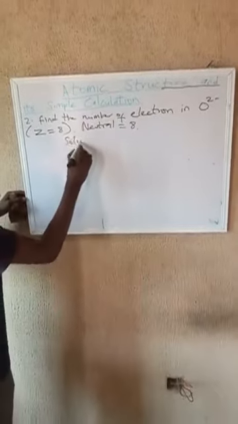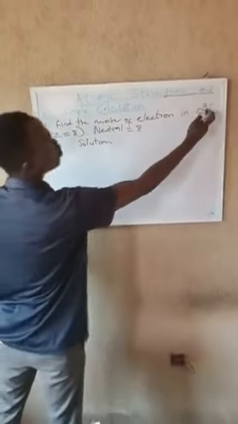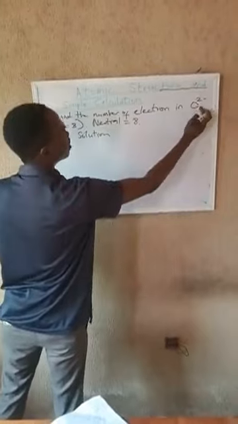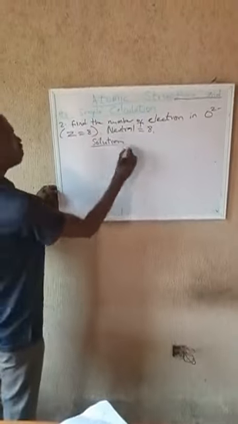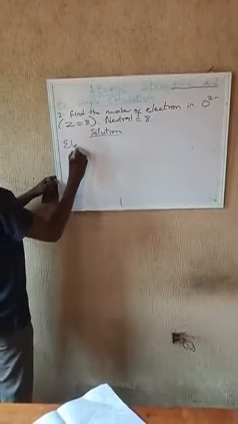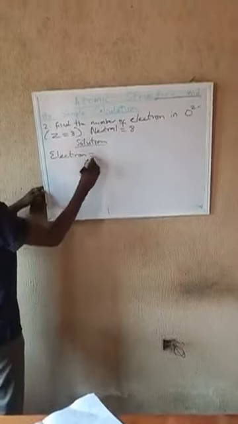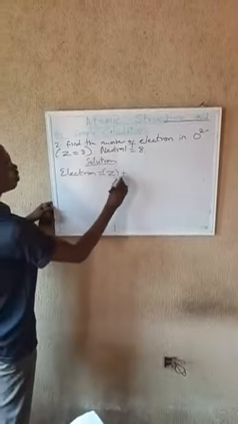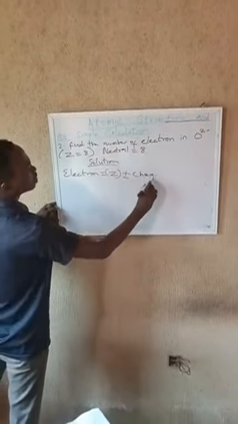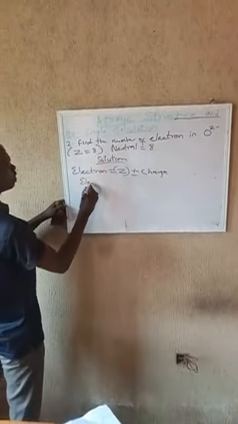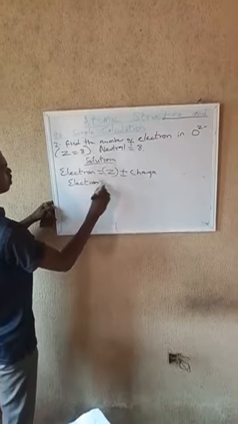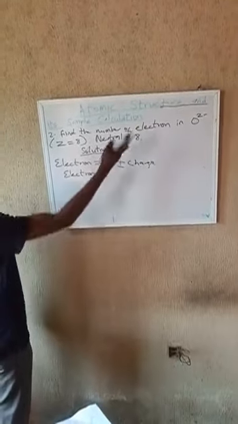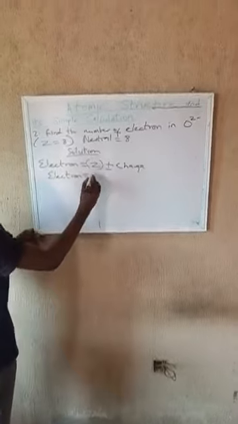Just the way we did the other time. Here, 2 minus. That means oxygen has gained 2 electrons. We are applying the same formula. Electron is equal to the atomic number plus or minus charge. Then electron is equal to the atomic number, 8.